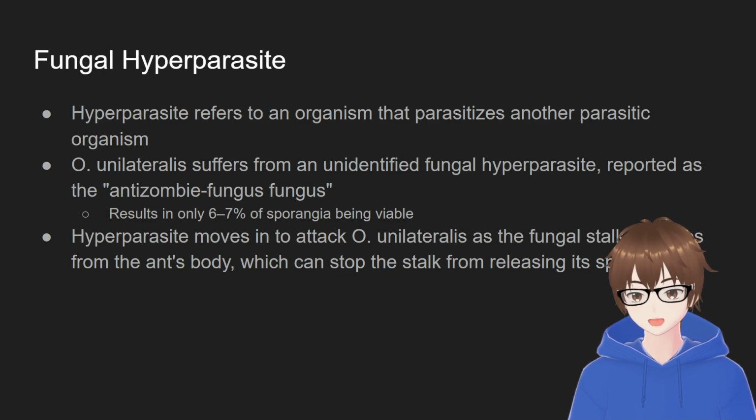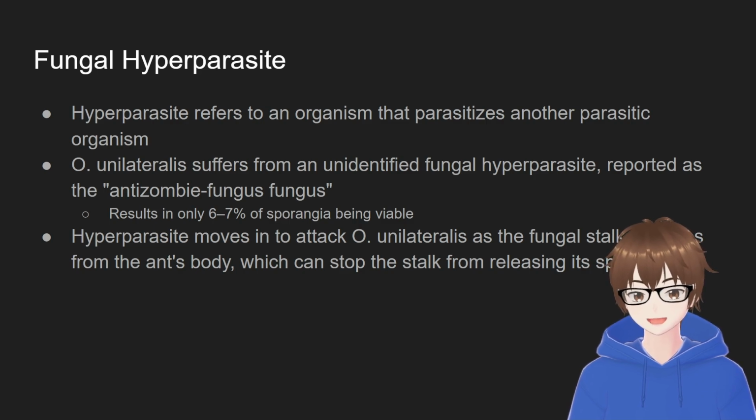And it results in only 6 to 7% of the spores to be viable. So if this basically infects one of the fungi for the Ophiocordyceps, it instantly brings down the viability of these spores to 6 or 7%. The hyperparasite moves in to attack the Ophiocordyceps as the fungal stalk emerges.